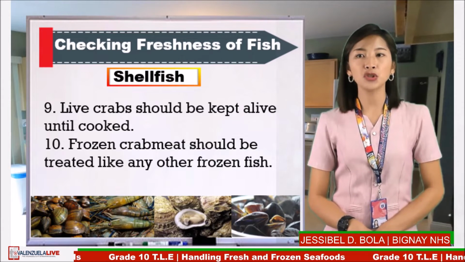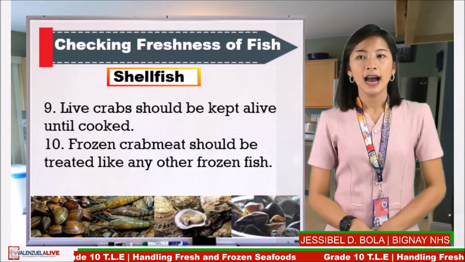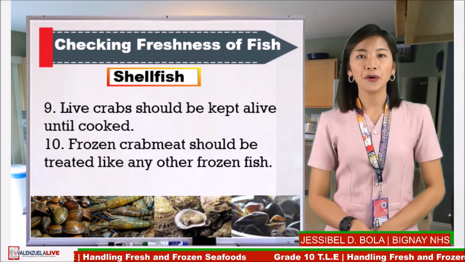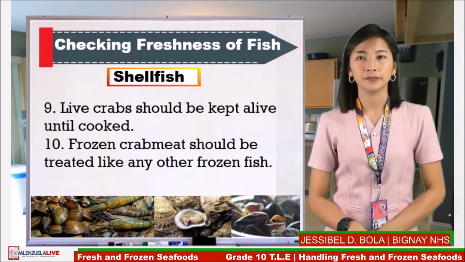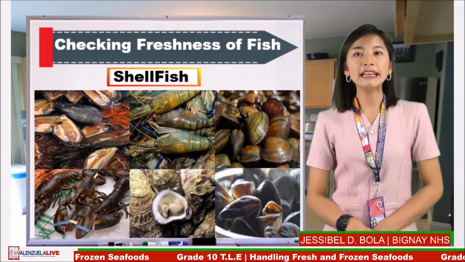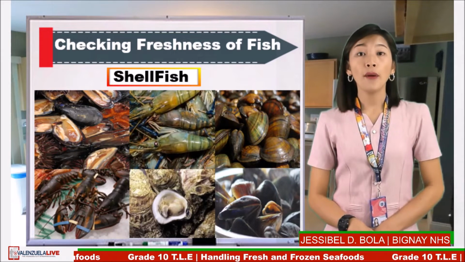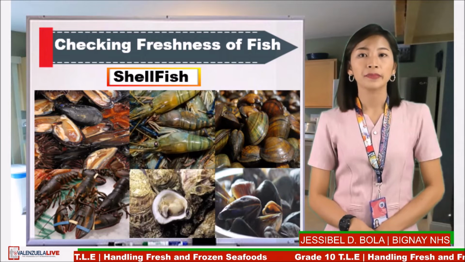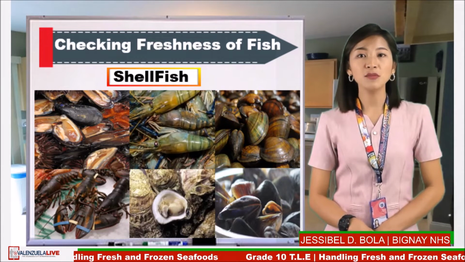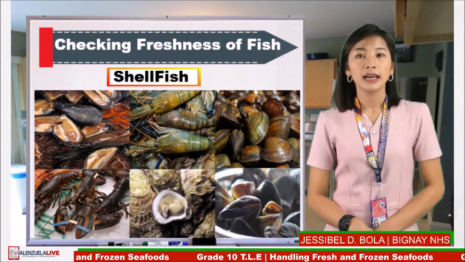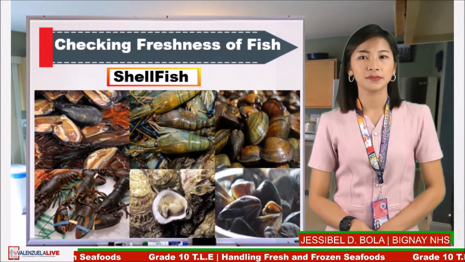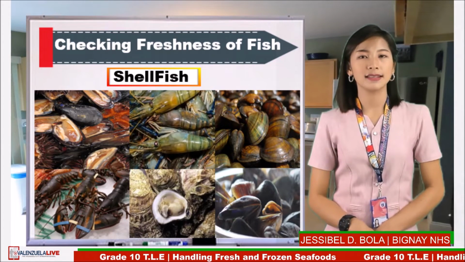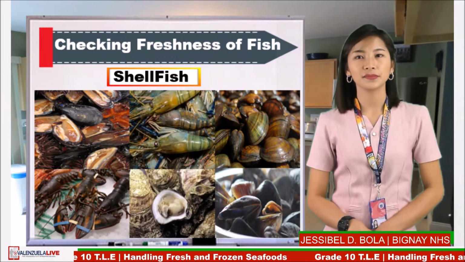Frozen crab meat should be treated like any other frozen fish. So those are the keys to consider when checking the freshness of every shellfish like mussels, lobsters, shrimps, and oysters. So we're done with this. Let's continue.